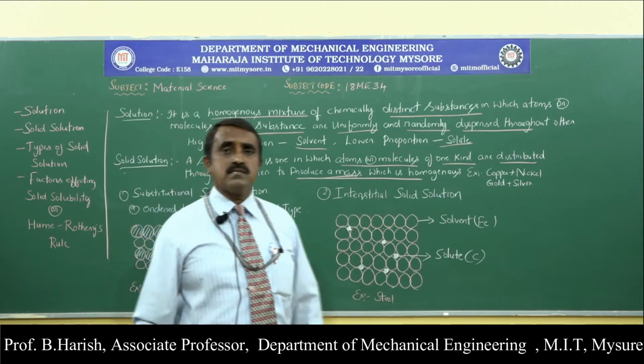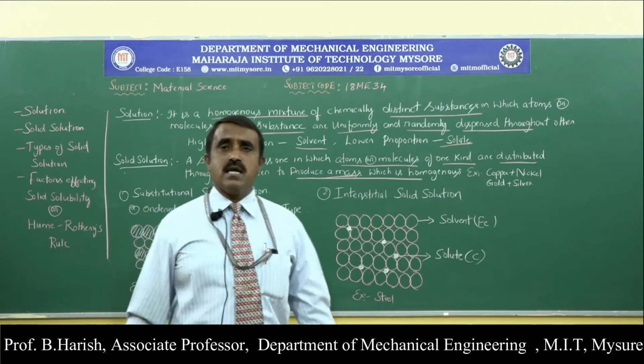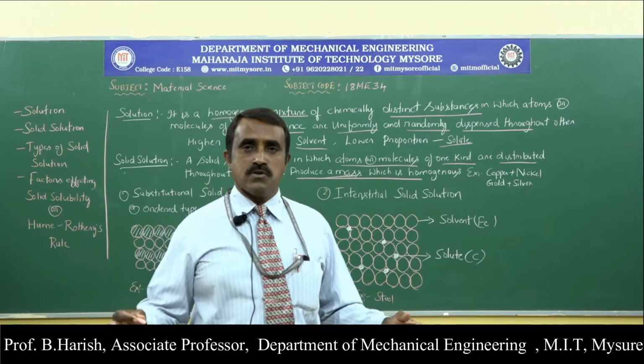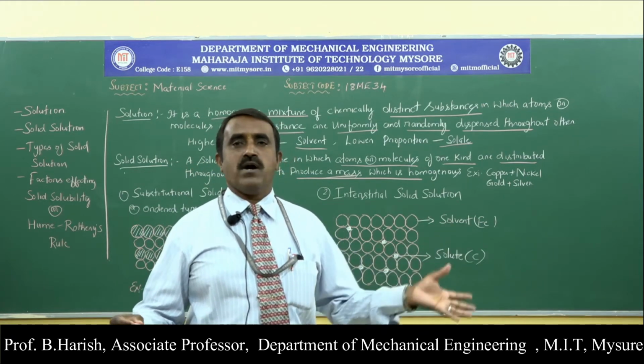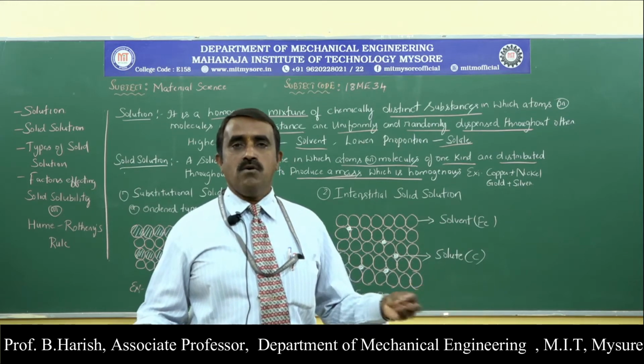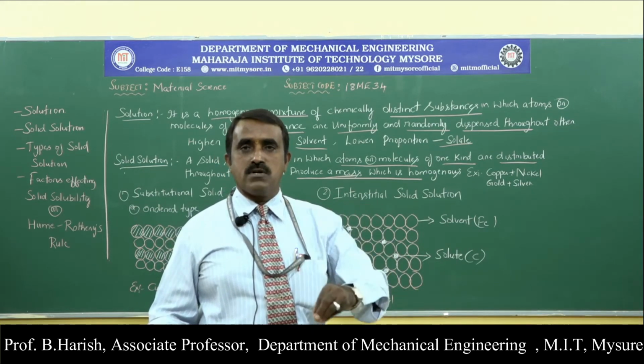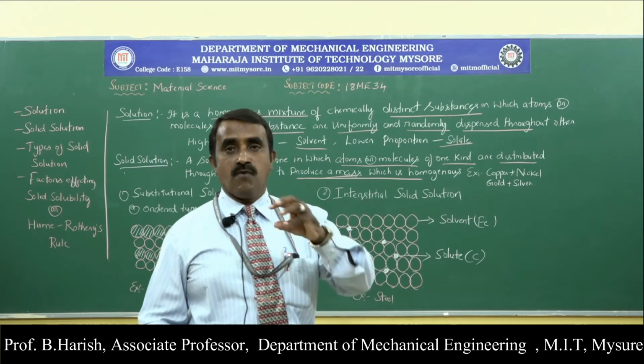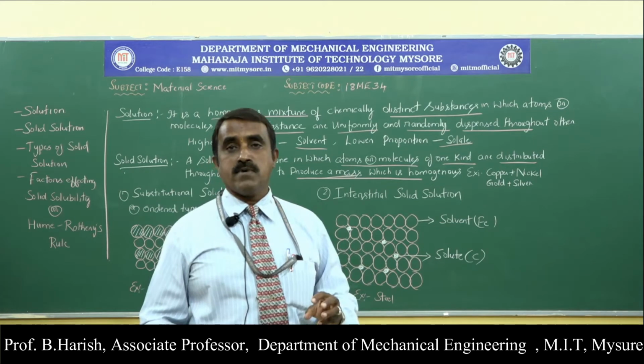A very simple example is steel. If we go on adding carbon into steel, we get different types of steel. With a change in the percentage of carbon, we can get different steels. Now if carbon has to be induced into steel, the size of the atom of carbon will be less than the size of the atom of steel.